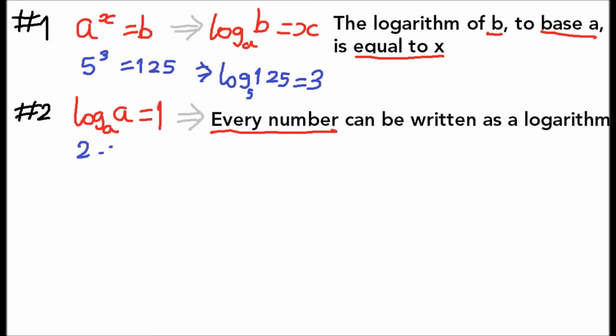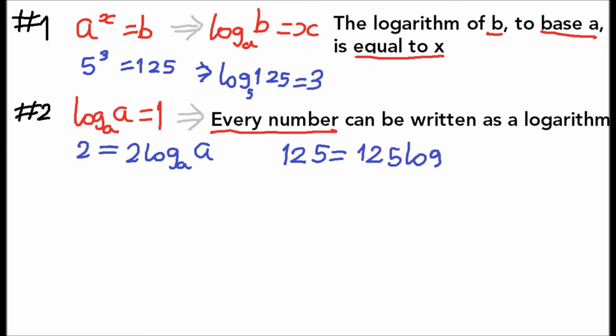For example, 2 is just 2 multiplied by the logarithm of a to base a, whereas 125 is 125 multiplied by the logarithm of a to base a.